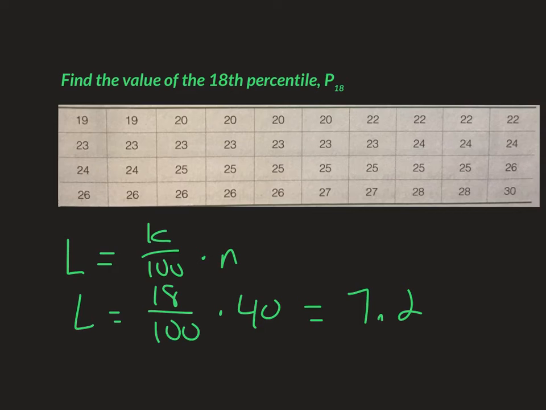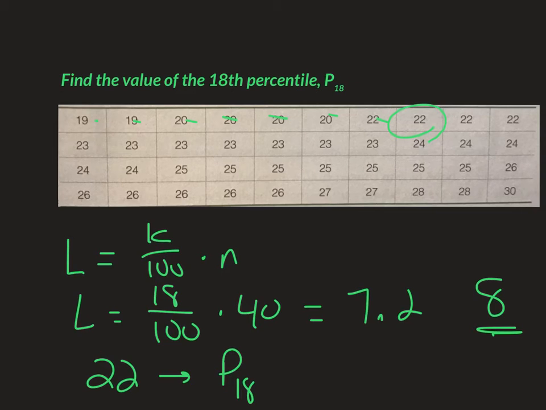Because that's a decimal, I'm always going to round up. I'm going to round it up to 8. So 8 is not the answer; I'm looking for the 8th number. 1, 2, 3, 4, 5, 6, 7, right there, 22. So 22 would be the number that is the 18th percentile. That would be P18.